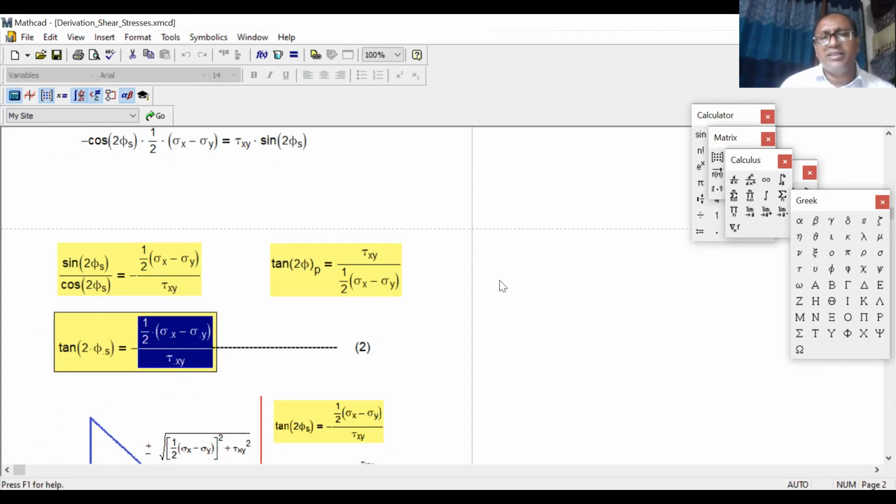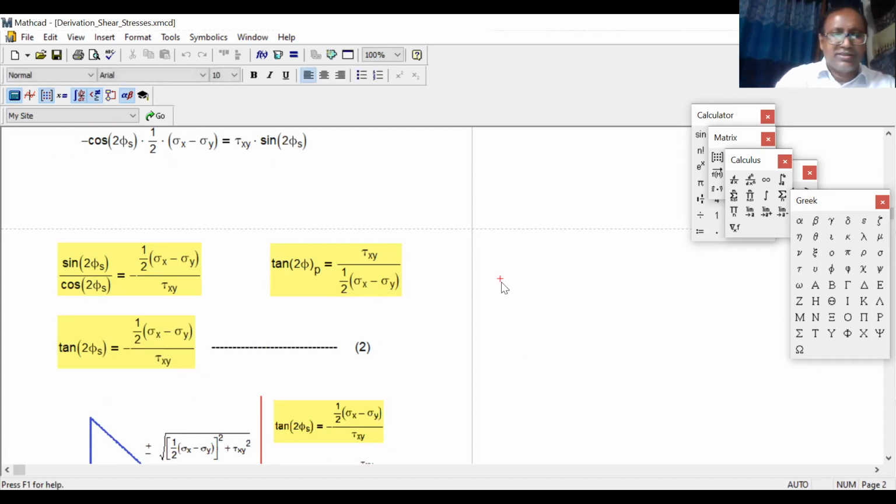If you multiply these two values, what do you get? tan 2 phi p times tan 2 phi s.